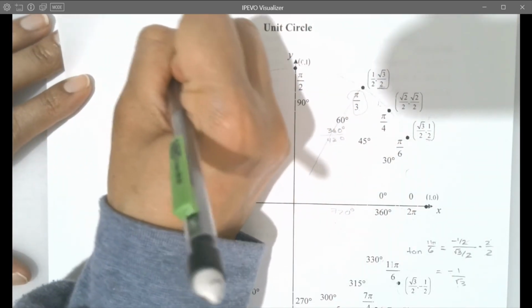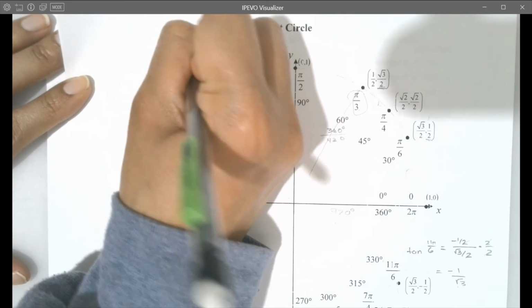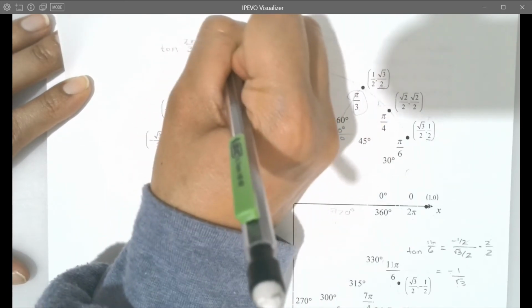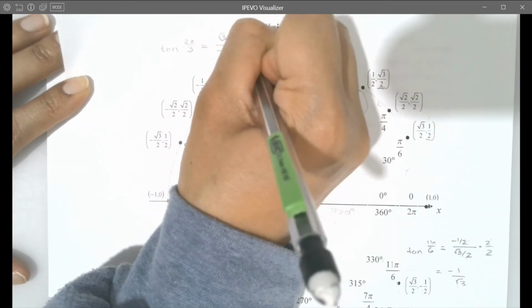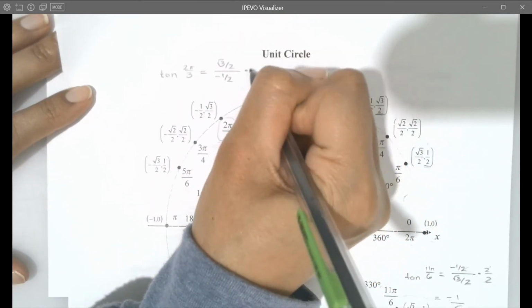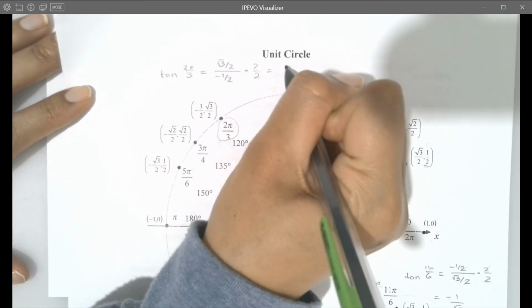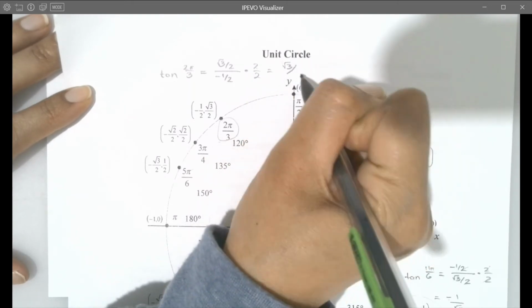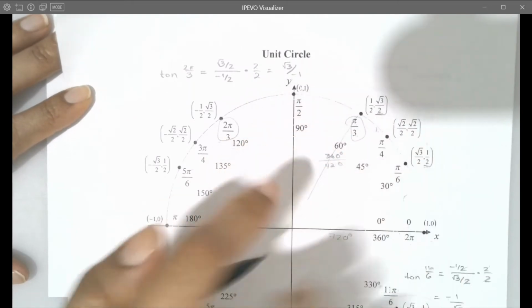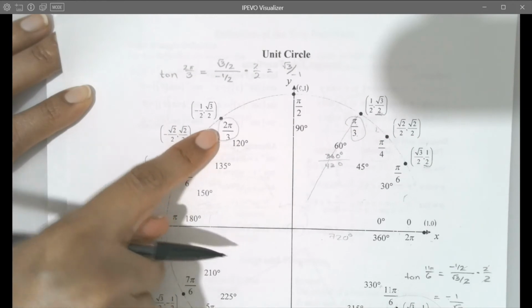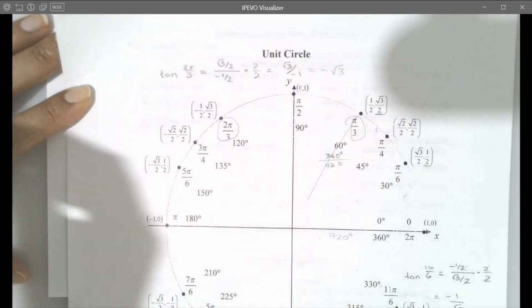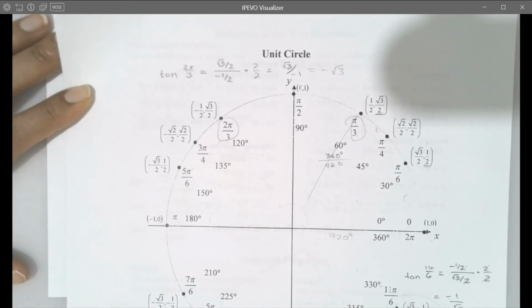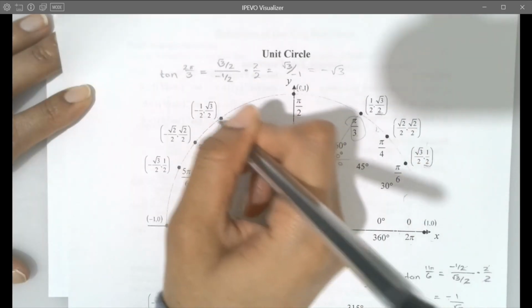If we take tan of 2 pi over 3, we'll have a square root of 3 over 2 divided by a negative 1/2. That means multiply top and bottom by 2, and we get a square root of 3 over negative 1. Oh, actually, I think this one wouldn't quite work, right? Because we'll get a square root of 3 over negative 1, which is negative radical 3. So actually, this doesn't work.